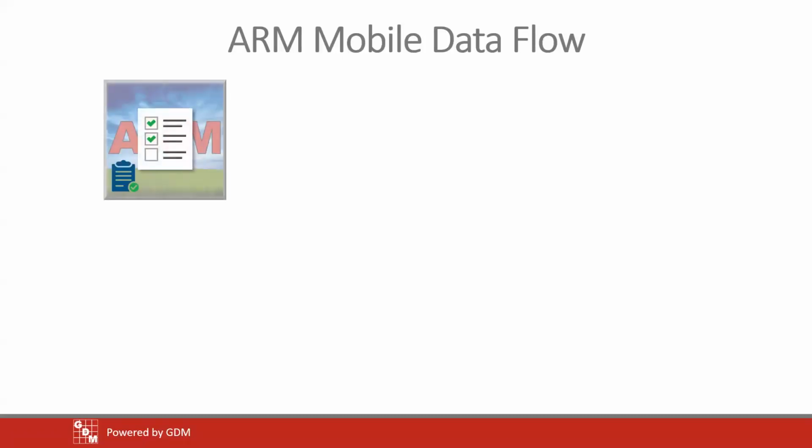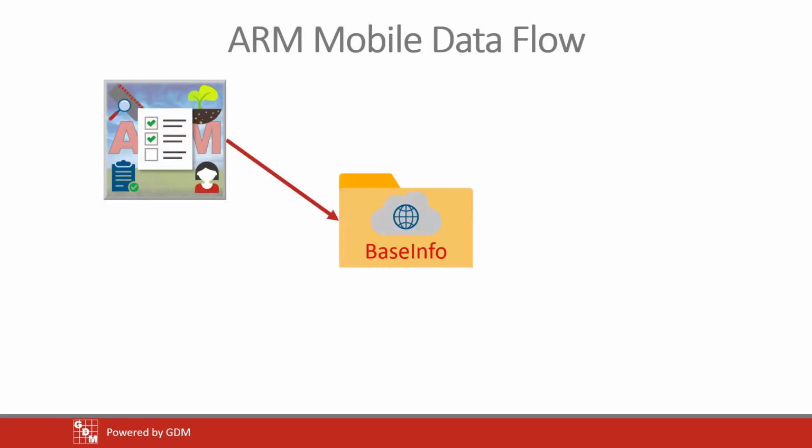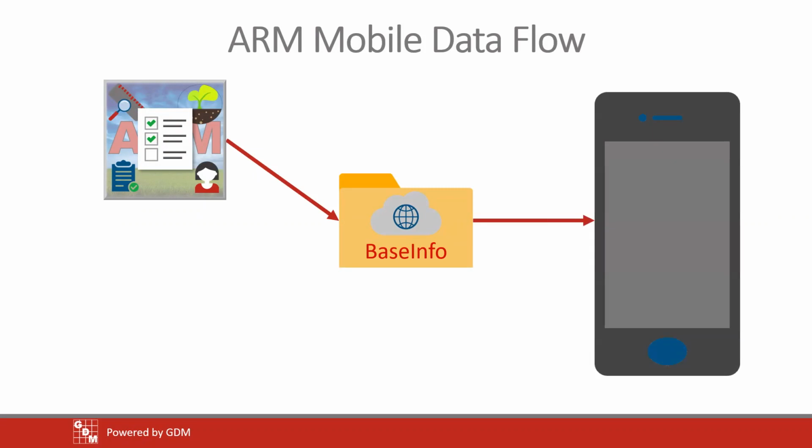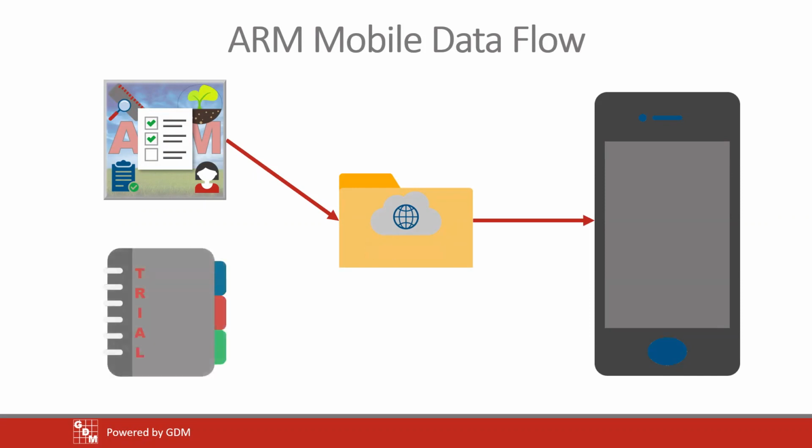And just to talk real quick through the flow of the data, we're going to take your lists from ARM and send them out to the cloud. And since they're living in the cloud, now your device that you're going to take notes on can pull that information down. Then for every trial that you have, we'll take just some of the information.